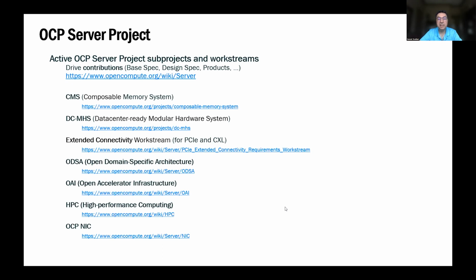Extended connectivity talks about how to interconnect multiple chassis using PCIe and CXL. So there are a number of wonderful activities within OCP that parallel activities happening in other consortia and work groups to eventually realize them in systems.